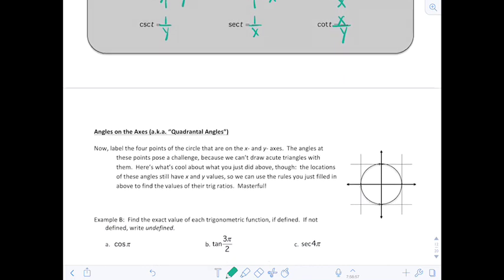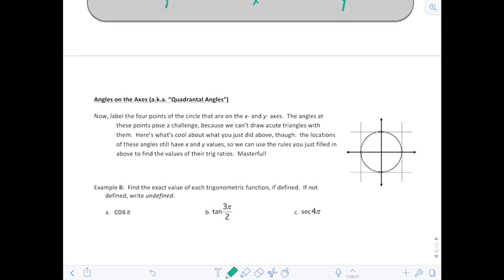First, we're going to make a quick stop with the angles on the quadrants when the points are on the axes. These are called quadrantal angles because they are made up of the perpendicular intersection of the x and y axis. So we're going to label the 4 points on the circle on the x and y axis: (1, 0), (0, 1), (-1, 0), and (0, -1).